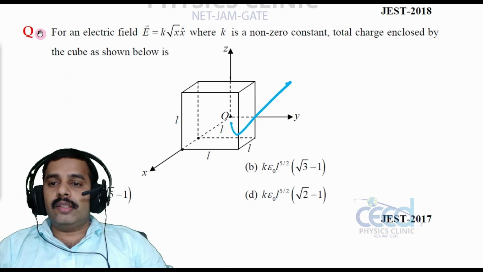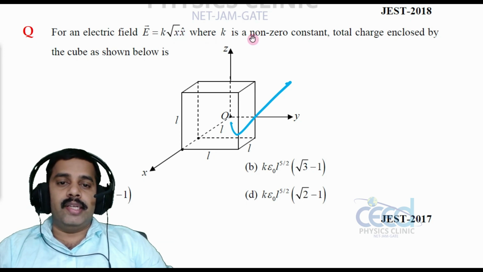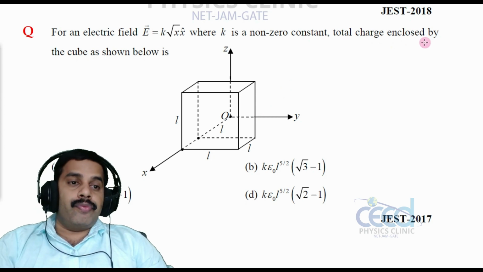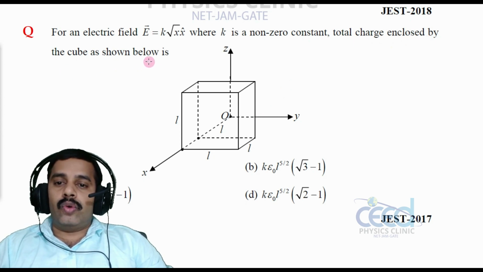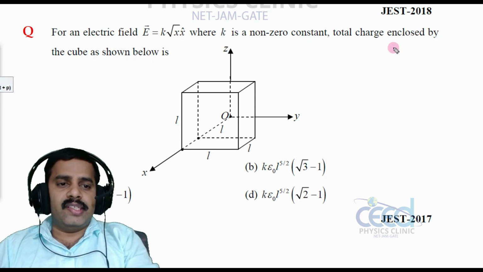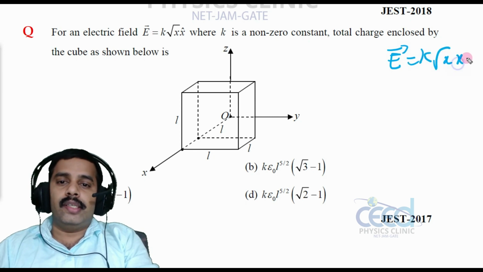The question is, for an electric field E equals k root x x cap, where k is a non-zero constant, find the total charge enclosed by the cube as shown below. So here the electric field is a function of x, k root x x cap.